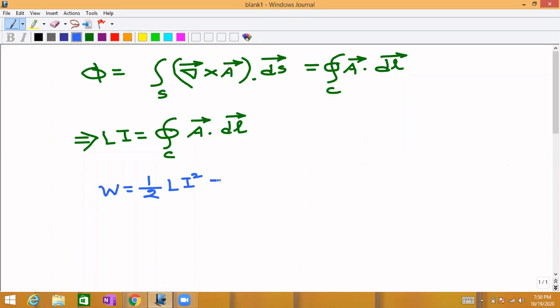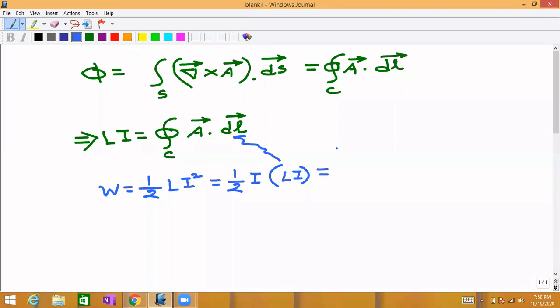Okay. But we can write it like this, half of I into Li, and in place of Li, we can write this expression.